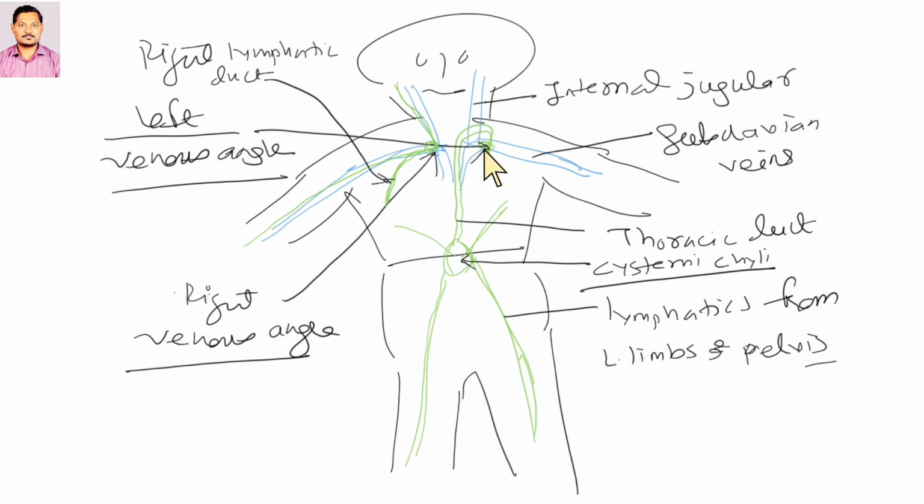This thoracic duct finally drains at the left venous angle at the junction of the left internal jugular and the left subclavian vein.